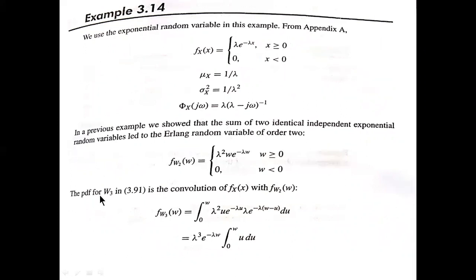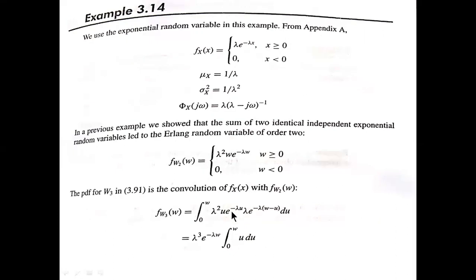Now, if we consider three variables, w equal to x1 plus x2 plus x3, then it will be just the convolution of this with f x, so we get lambda squared u e to the power of minus lambda u, lambda e to the power of minus lambda (w minus u) du. So we have lambda squared here and lambda here, that will give us lambda cube.